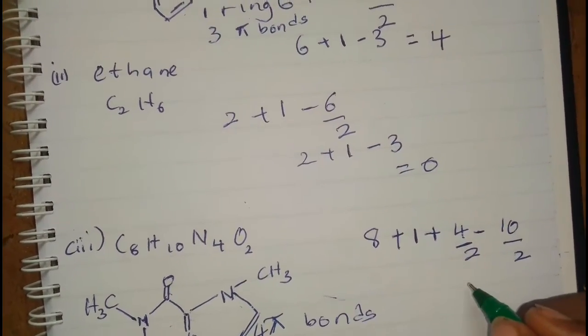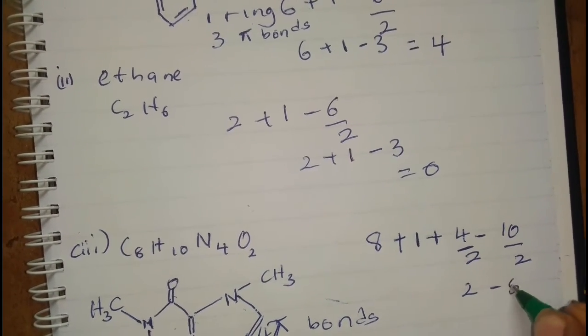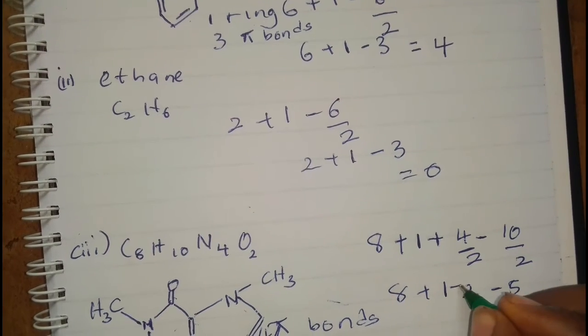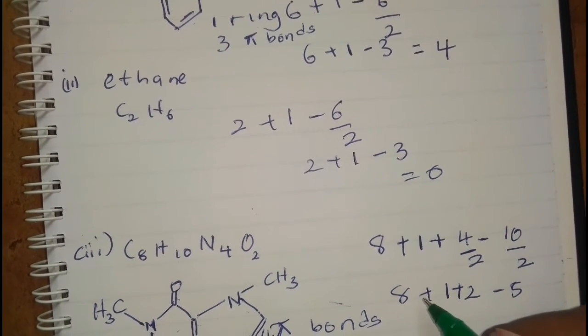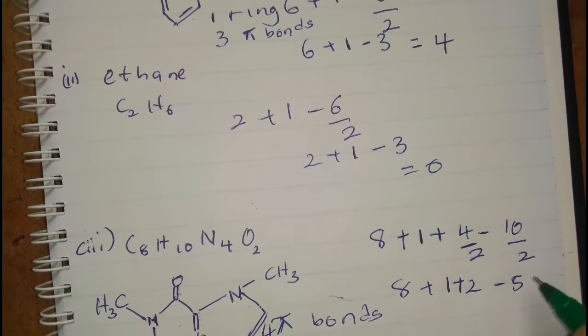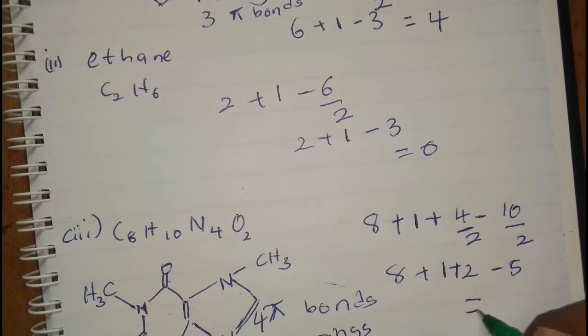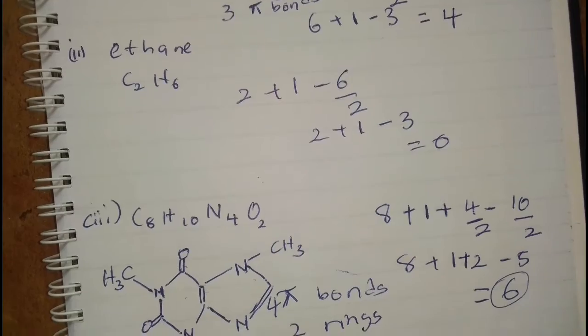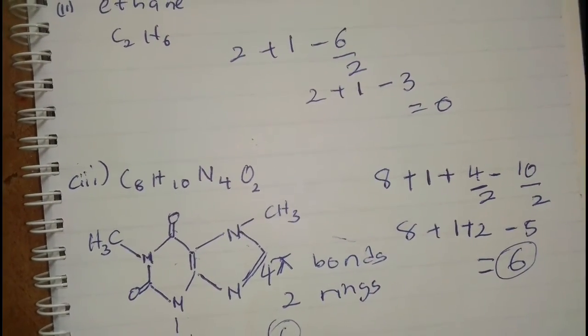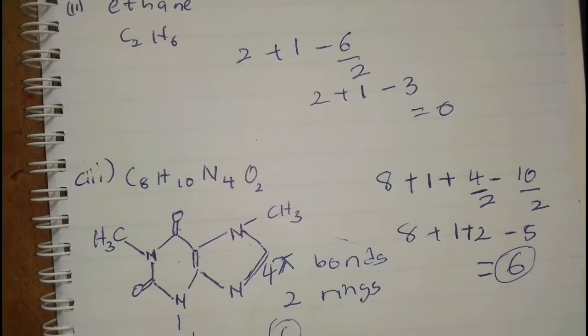If you do this, this will give you 2, this will give you minus 5, this will give you 8 plus 1 plus 2. So 8 plus 1 is 9, plus 2 is 11. 11 minus 5 will give you 6. We actually see that we are correct. The 4 pi bonds and the 2 rings is actually correct.